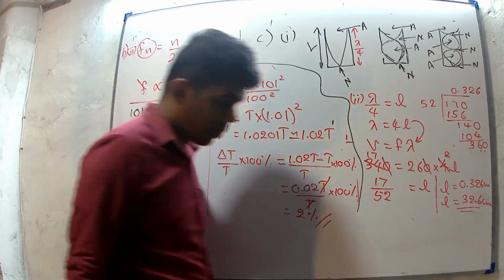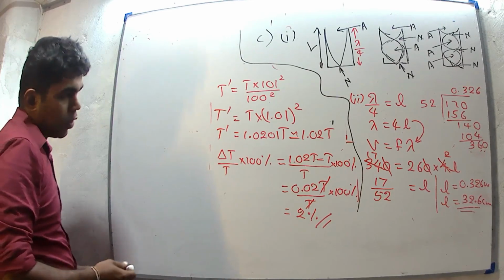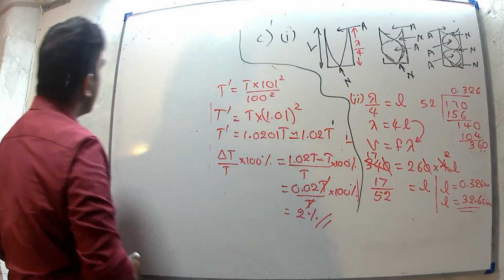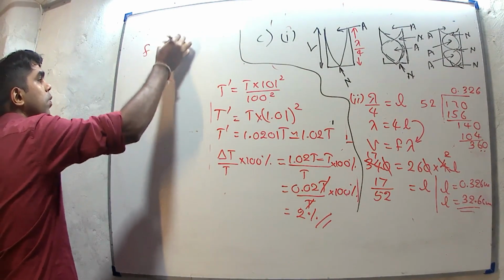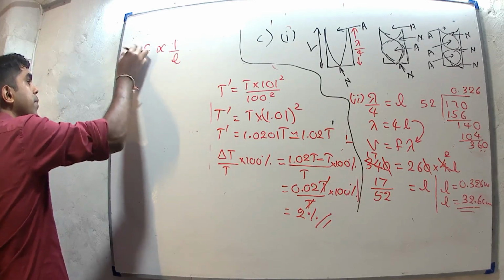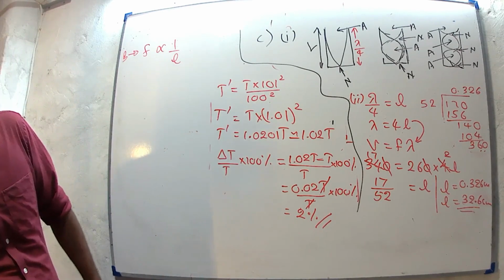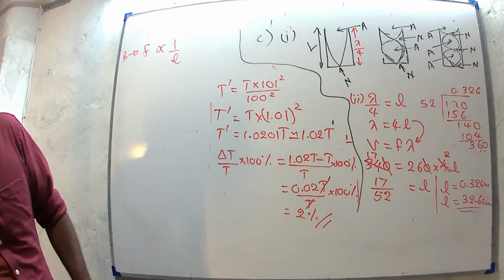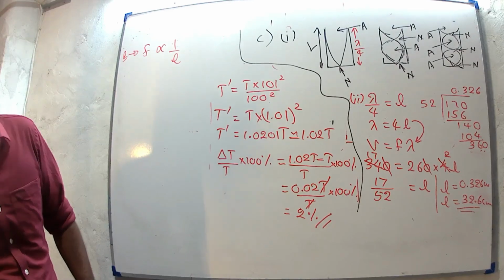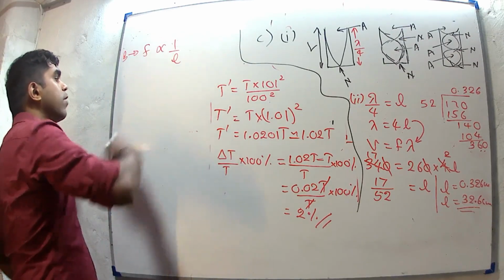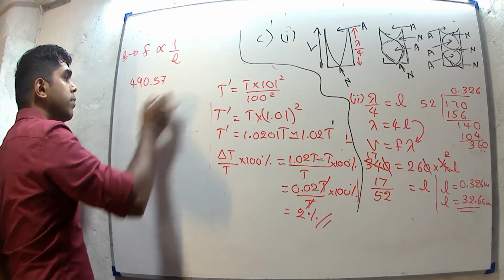note B. Now we can use the same relationship. We know that frequency is inversely proportional to length. When considering B, the frequency of B, we have found it, is 490.57.